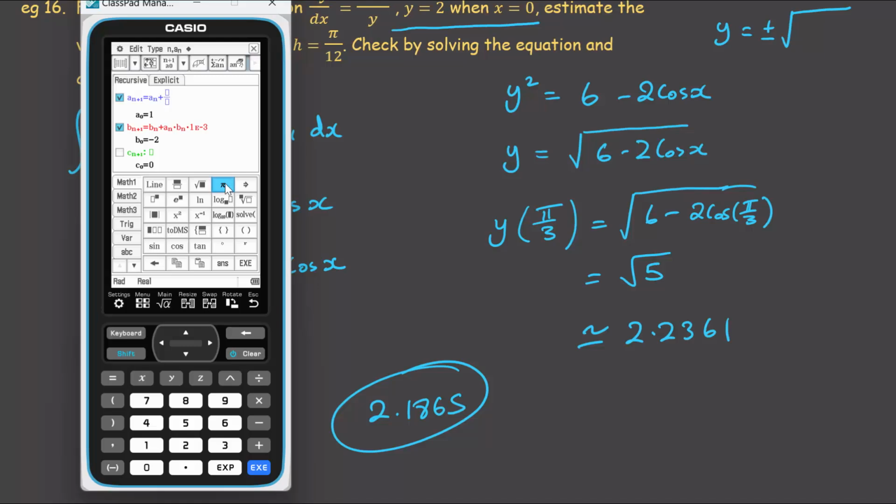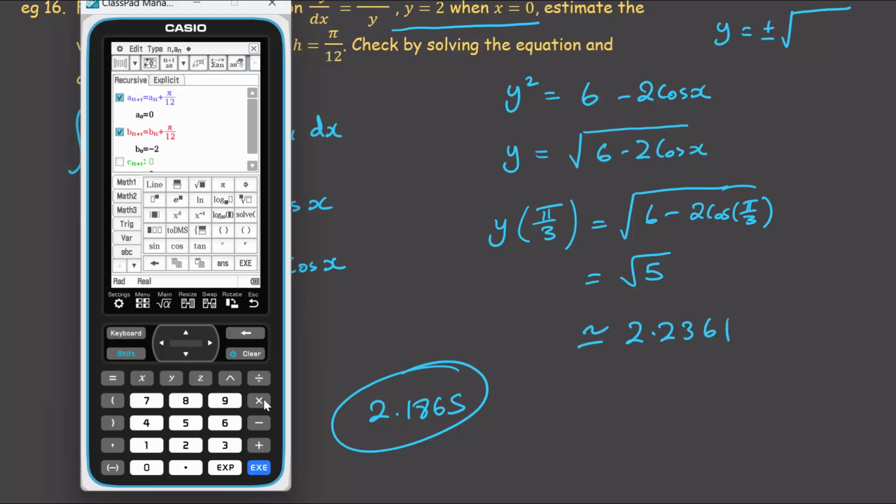So let's put that in here, pi by 12. And our initial value of x was 0. And then our step is pi by 12. So we can probably copy that, paste it down here.